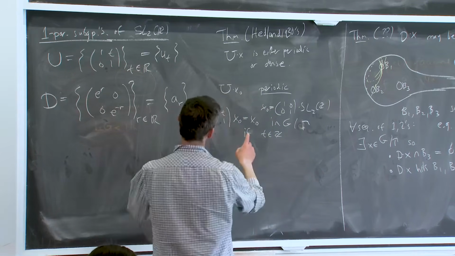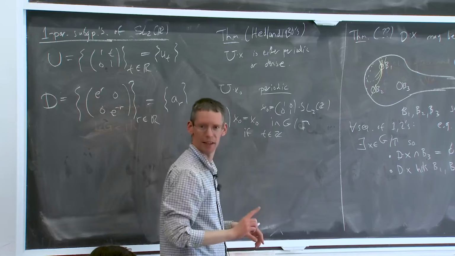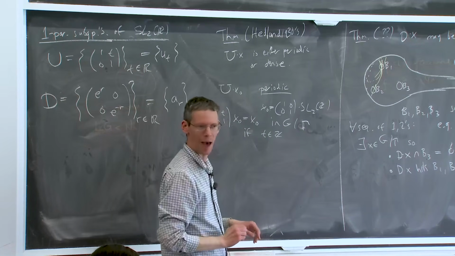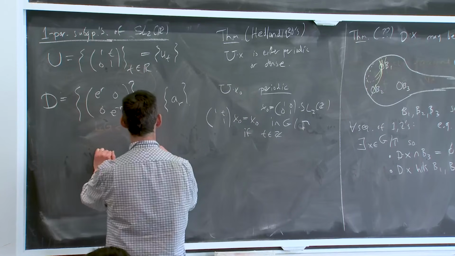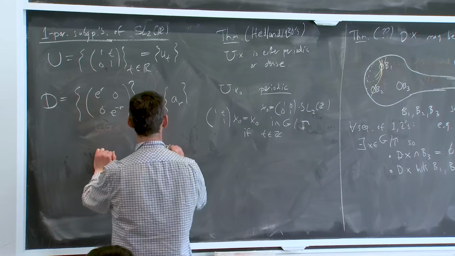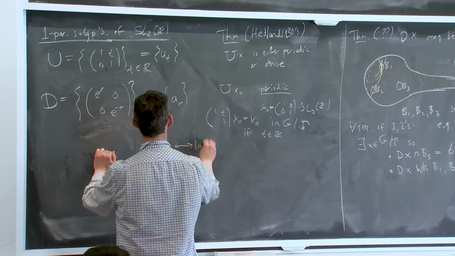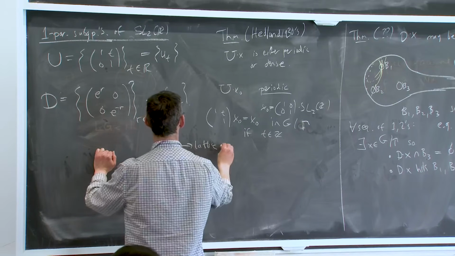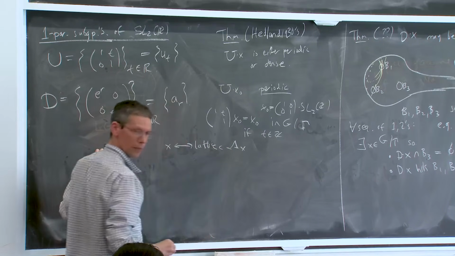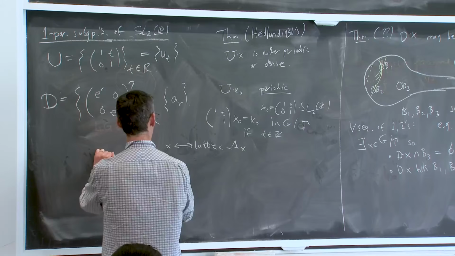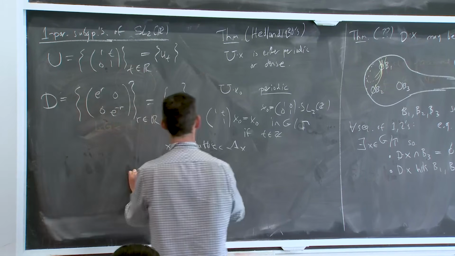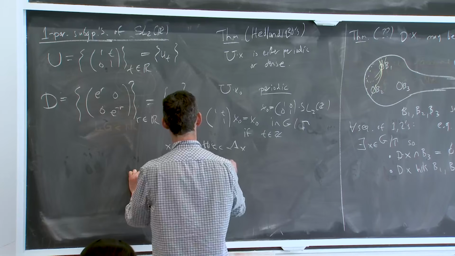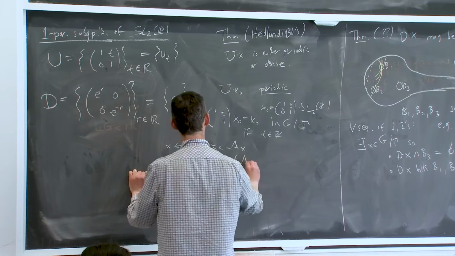OK, so to see why they're not all periodic, let's instead try to visualize what is happening to the lattice. A point x corresponds to a lattice lambda x. And if you take gx, that corresponds to the lattice g of lambda of x.